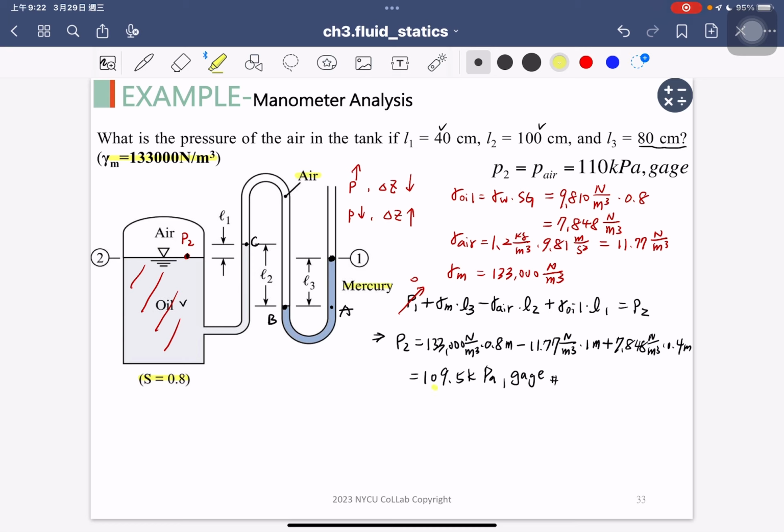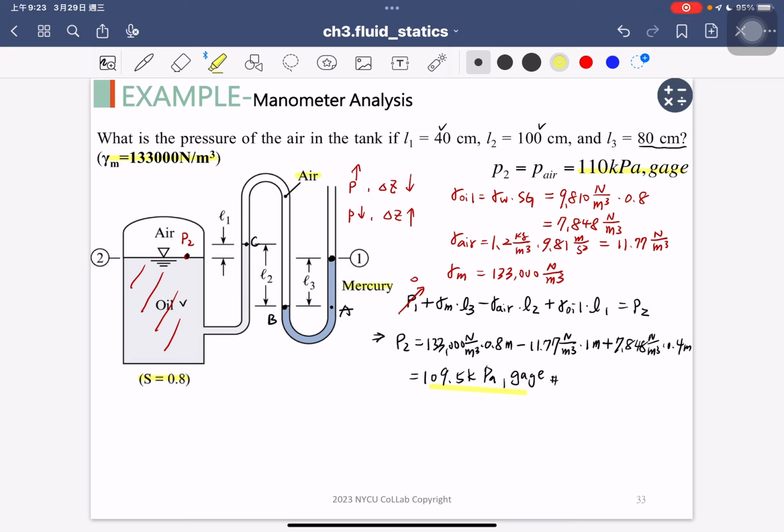Okay, so the number maybe a little bit different compared to the answer I write down in the right corner, but it's just some gravity number. Maybe I use a different one, not the 9.81. Okay, so that's the idea. If we see increase elevation, the pressure will decrease, and if we decrease the elevation, the pressure will increase.